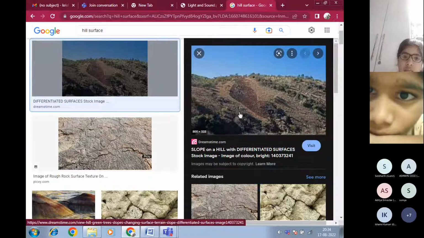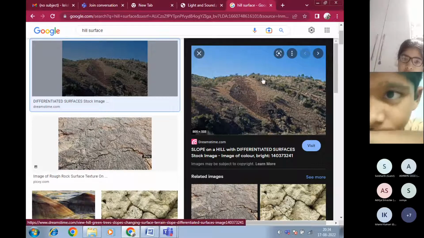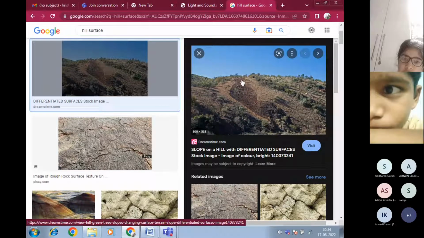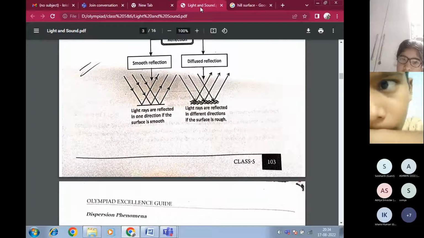And in the same way here also, it is not smooth. There is a height difference, and the surface has a lot of stones. Many other things are on it. In some portions there are trees, in some portions there are none, in some there are rocks. So it is not even. It's not flat, so the light will get reflected in different directions.